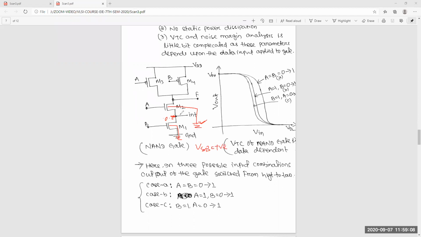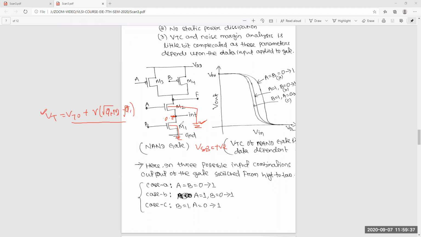If VSB is positive, then your threshold voltage is VT0 plus gamma into the square root of phi t plus VSB minus the square root of phi t. Yes, like that. So your overall VT will increase.